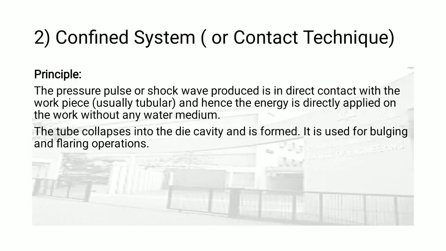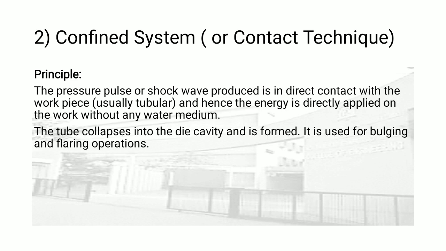Then another high energy rate forming technique is the confined type, confined system, also called the contact technique. Principle: the pressure pulses or shock waves produced are in direct contact with the workpiece. If we see the previous non-contact technique, there is no direct contact of the shock waves with the workpiece.